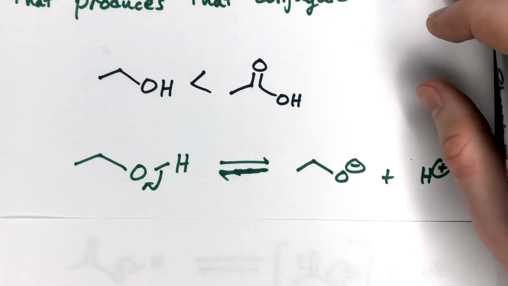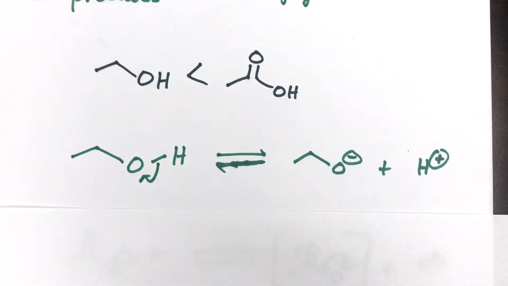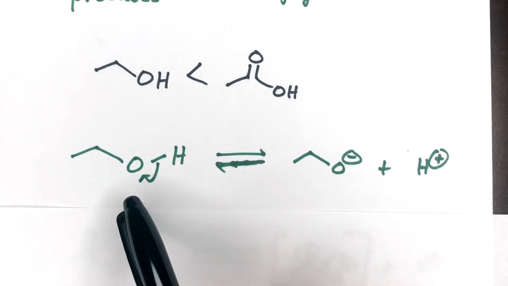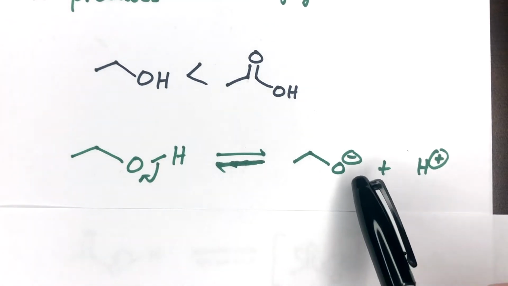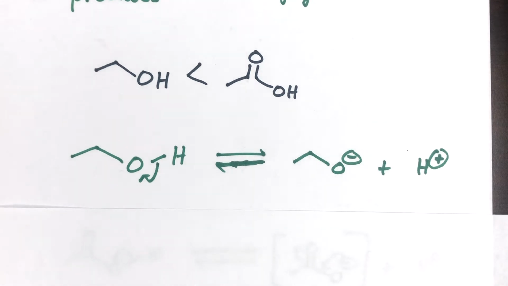So if the ethanol OH bond were to break and dump its electrons onto the oxygen, we would get this ethoxide, this alkoxide that has a negative charge on the oxygen, and there's two carbons, so that's why it's ethoxide, and then that produces the free proton H+. Now, there's no resonance possibility for this ethoxide because there's nowhere that you can move those electrons, right?